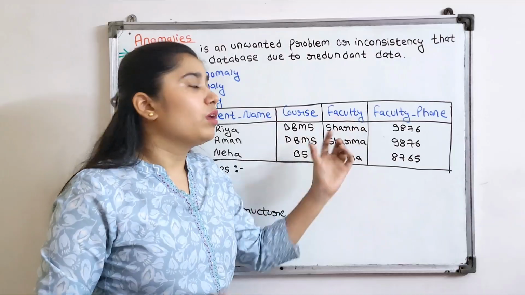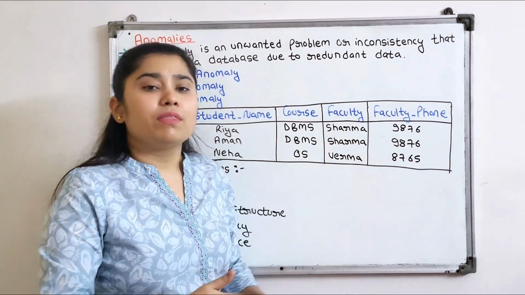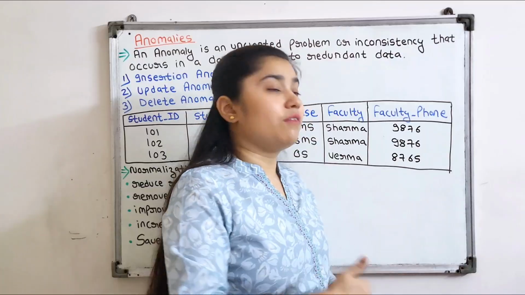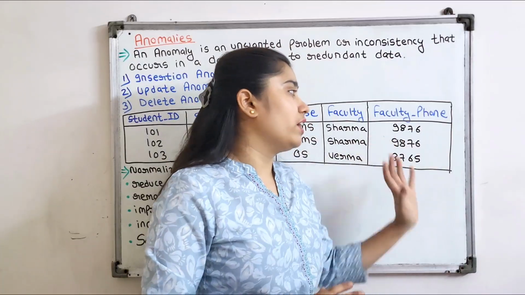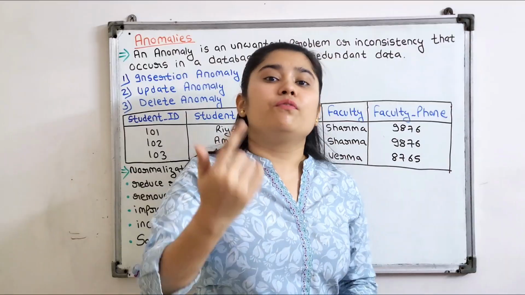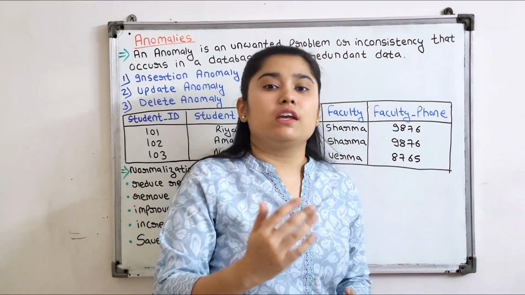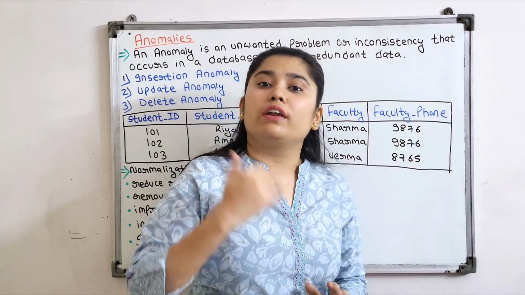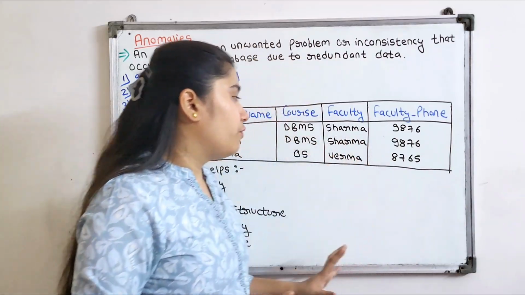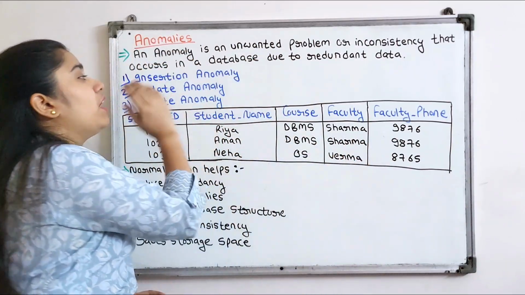Here we see two rows with Sharma, so we can update them. But suppose there are hundreds of rows with faculty name Sharma and the phone number; we have to update all the rows. If there is a mistake in one row, the data will not get updated, and it will create data inconsistency. Therefore this is called the update anomaly.